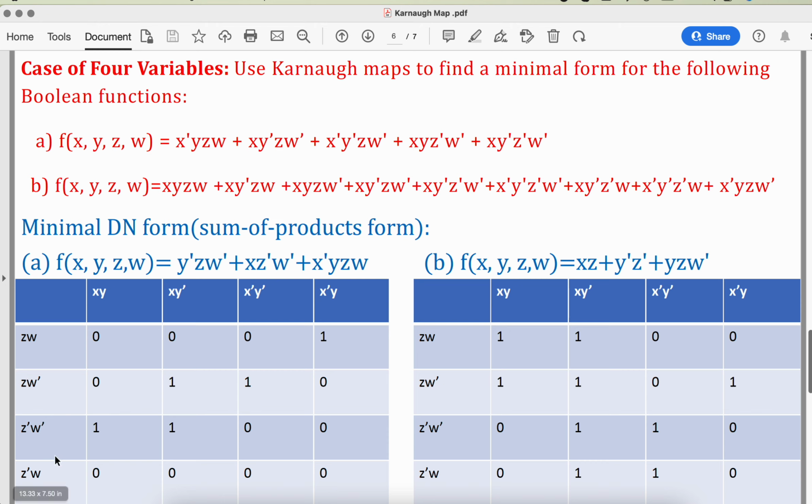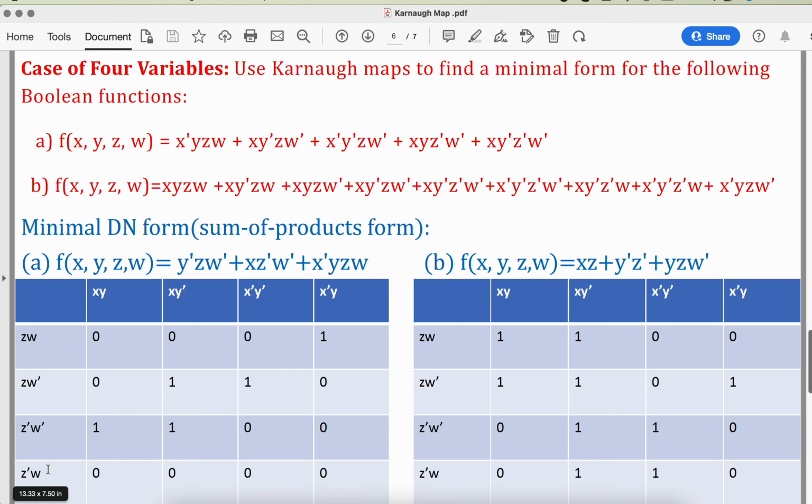Here also we have 2 variables this time. zw, then z w dash, we have changed w to w dash. Then z dash w dash, we have changed z to z dash. Then z dash w, we have changed w dash to w. So here xy, x y dash, x dash y dash, x dash y. Don't change this order. zw, z w dash, z dash w dash and z dash w.